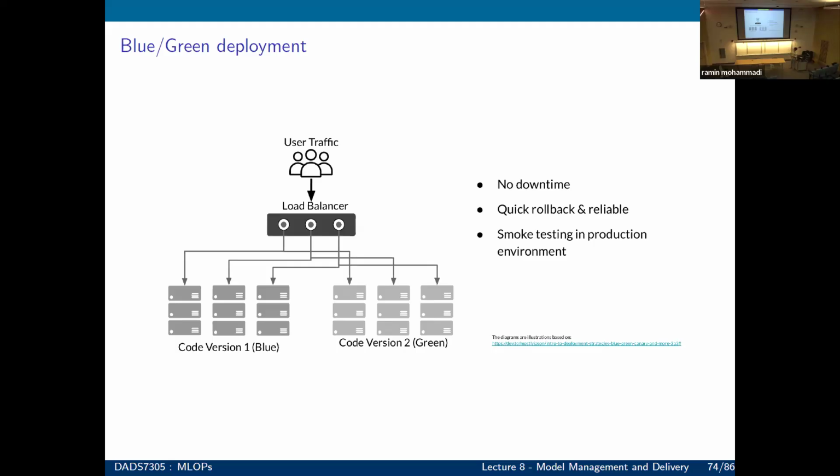Then you have a new version, green. As part of blue-green deployment, you have a load balancer, which is responsible for distributing the traffic. What the load balancer does is route the traffic from one version to the other. If something goes down, quickly reverse the traffic to the previous version.